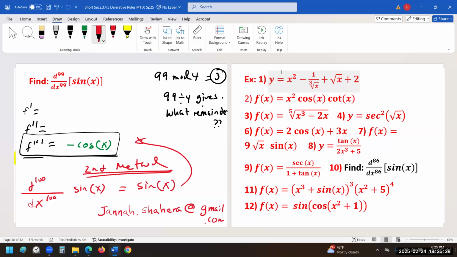We divide the original one. Two functions, you will find the quotient rule. We just stated the quotient rule.